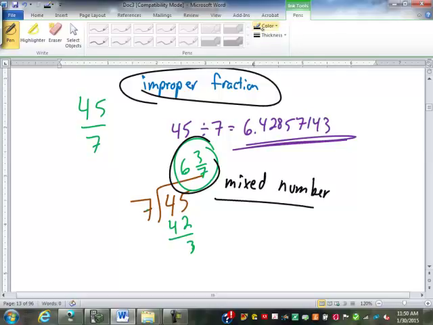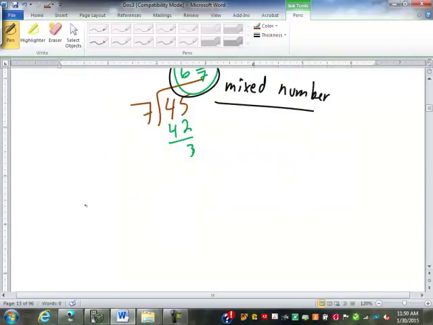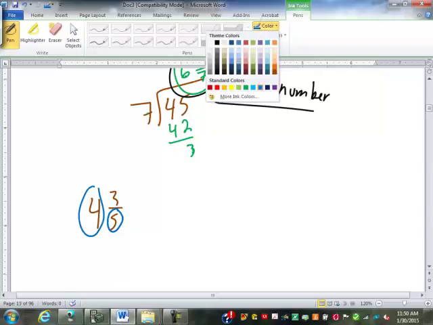Or we can go the other direction from a mixed number into an improper fraction. Let's say we have 4 and 3/5. To make that back into an improper fraction, we have to take these 4 whole objects and break them into pieces. To figure out how many pieces, we look at the denominator. That 5 in the denominator is telling us that each whole object is 5 pieces.